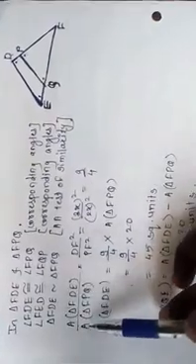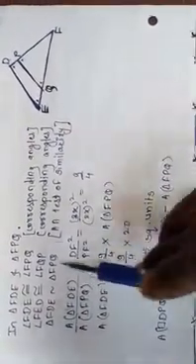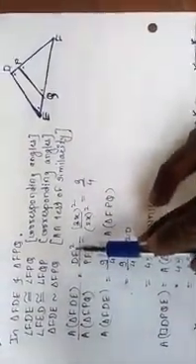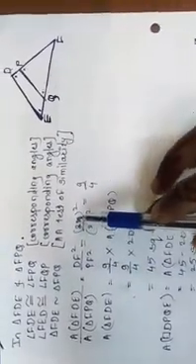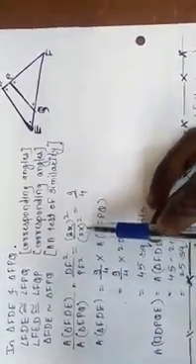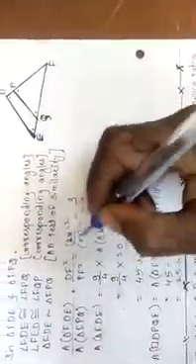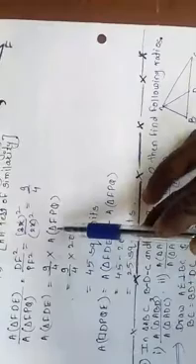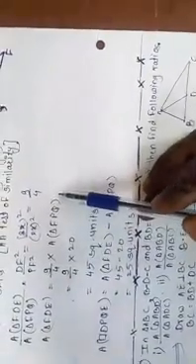Therefore, area of triangle FDE upon area of triangle FPQ is equal to DF square upon PF square is equal to 3X square upon 2X square. X gets cancelled. 3 square is 9, 2 square is 4. Therefore, area of triangle FDE is equal to 9 upon 4 into area of triangle FPQ.